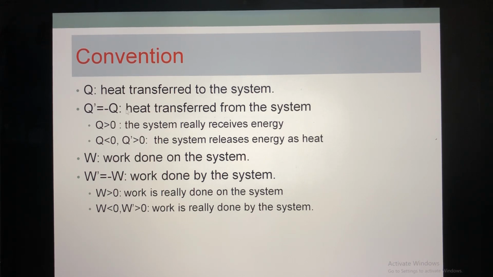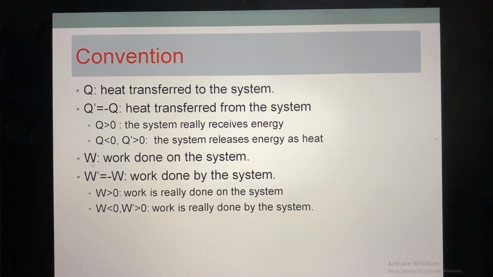Next, if the system releases energy, in that case we denote it with Q prime, and it equals minus Q. So if the system releases energy as heat, that heat is denoted as negative.